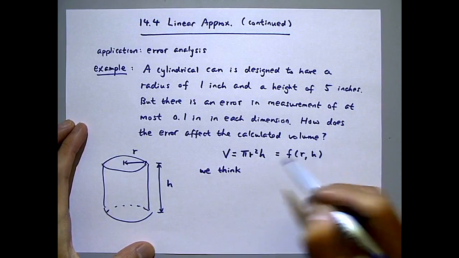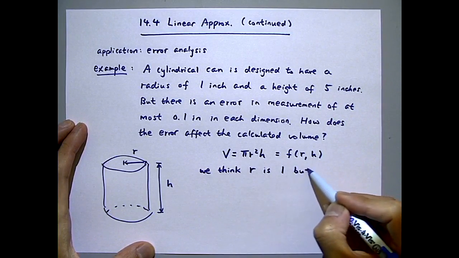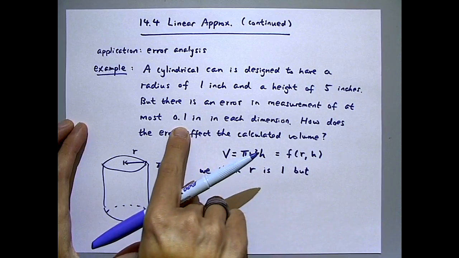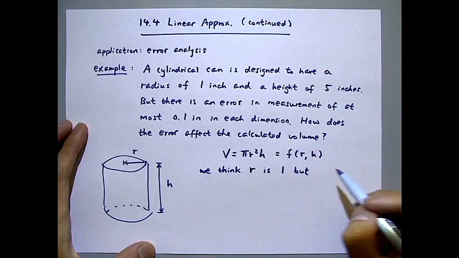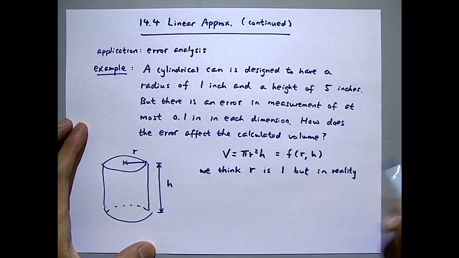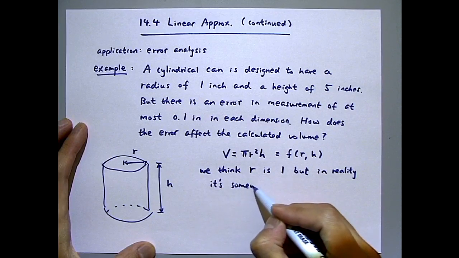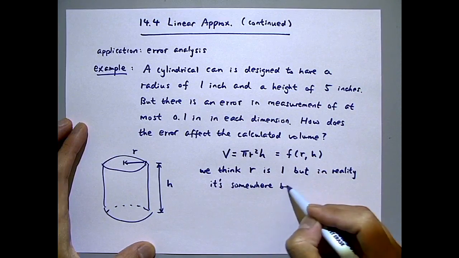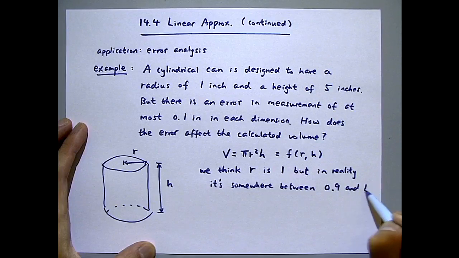So what's going on here? We think r is 1. But there's an error of at most 0.1. So in reality, it's somewhere between 0.9 and 1.1.